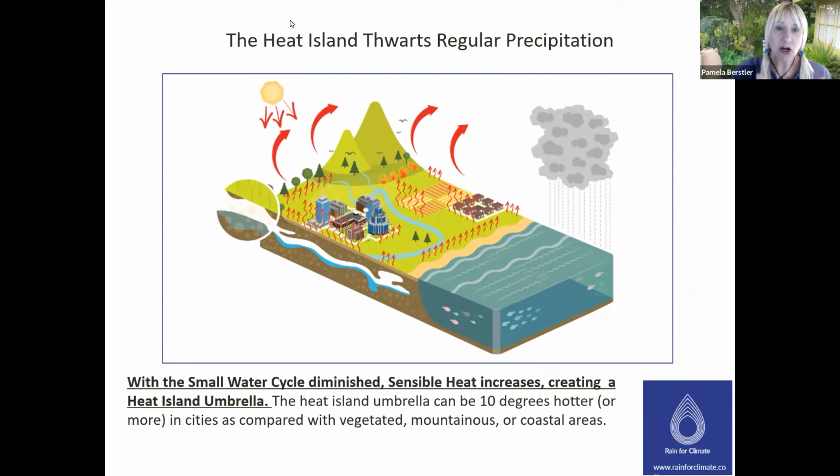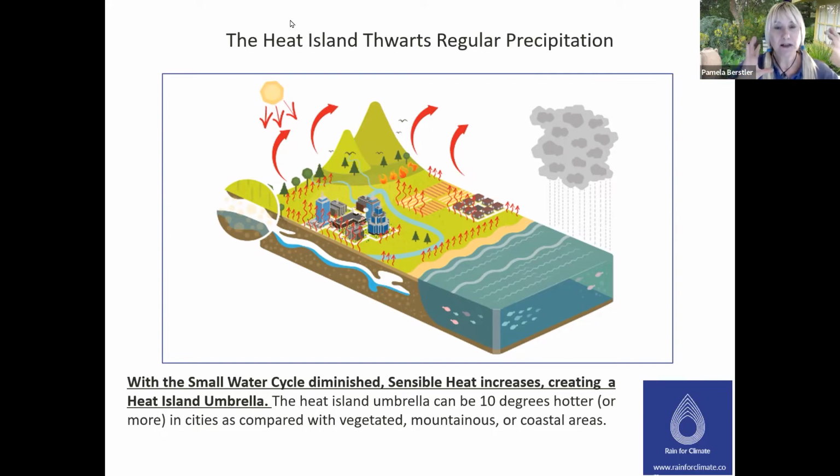Where we have these hard surfaces reflecting back vast amounts of heat, we're creating almost like a dome, an umbrella over those systems that keeps them getting warmer and also thwarts any regular precipitation that might be trying to come from the large water cycle into that area.